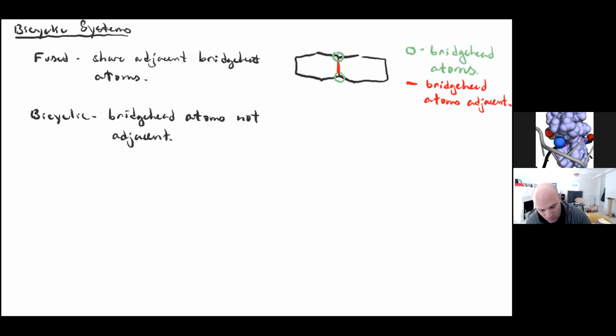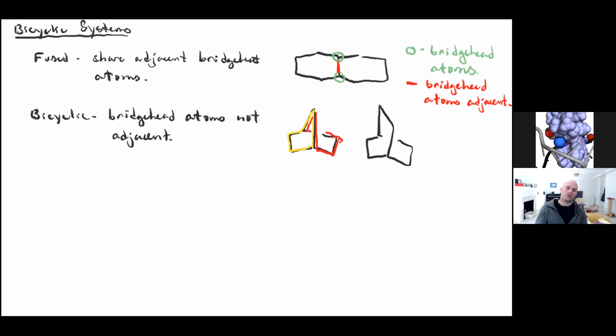And so an example of this would be this molecule here, or this molecule here. If you look at these systems, I've got two rings. One ring is here, and the other ring is here.